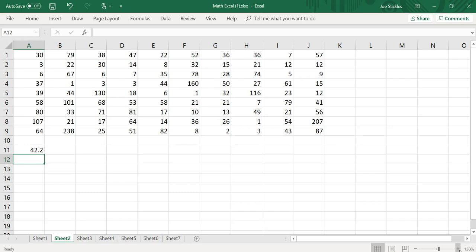If I take 10 classes, there's how many data points in this case? 90, I think it is. If I take 10 classes that have equal probability of happening, how many should we expect to see in each class? If there's 90 total, 9, right? Because we're doing equal probability. So we would expect to see 9 in each of these classes, and it will count up how many there are in each class, but we should expect to see 9, right?